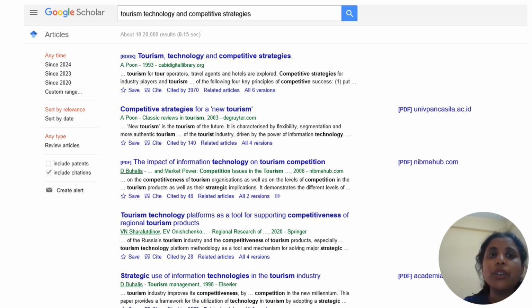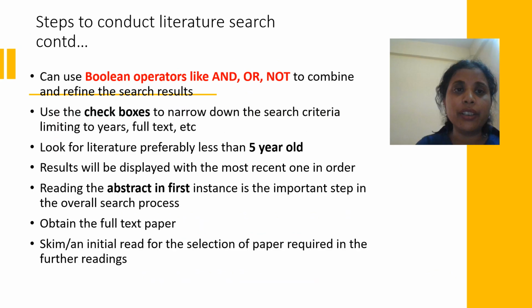You click it, and the web page will give you that kind of search. And on the left, I have clicked on include citations, meaning I am looking for articles which have author names. So these are the advanced search mechanisms. You have to play with them and make your life easy by using them.